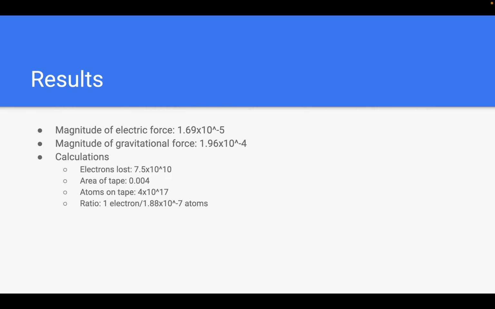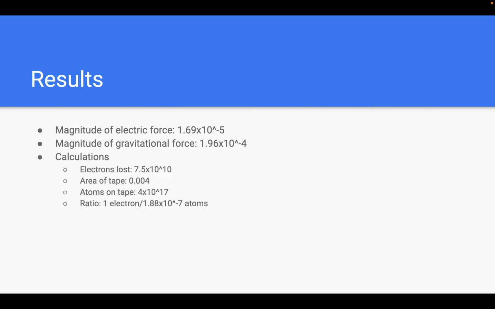So our final results were that the magnitude of the electric force was 1.69 times 10 to the power of negative 5, and the code also showed that the magnitude of the gravitational force was going to be 1.96 times 10 to the power of negative 4.